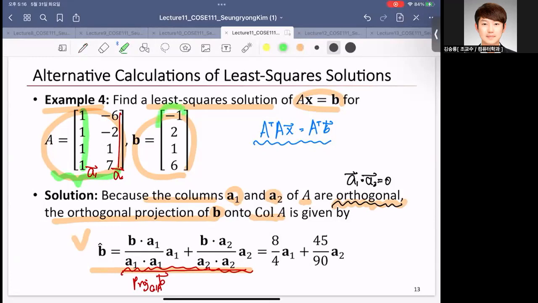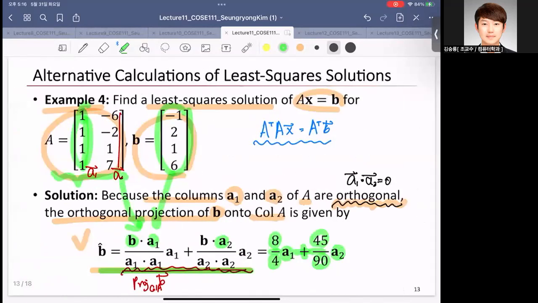Because you already know vector b, and A1 and A2, then you can compute the b hat by using this equation. So by computing this one and this one from here, it's going to be 8 over 4 times A1 plus 45 over 90 times A2.